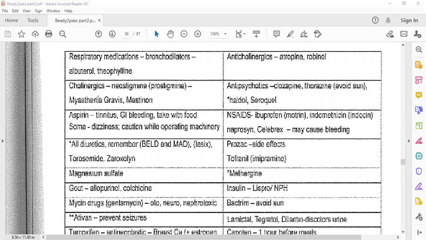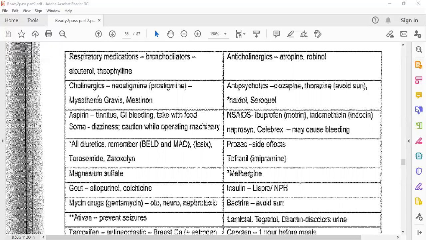So cholinergic drugs stimulate the parasympathetic nervous system by copying the action of acetylcholine. And cholinergic drugs are given for Alzheimer's disease or glaucoma or paralytic ileus, urinary retention, and myasthenia gravis.